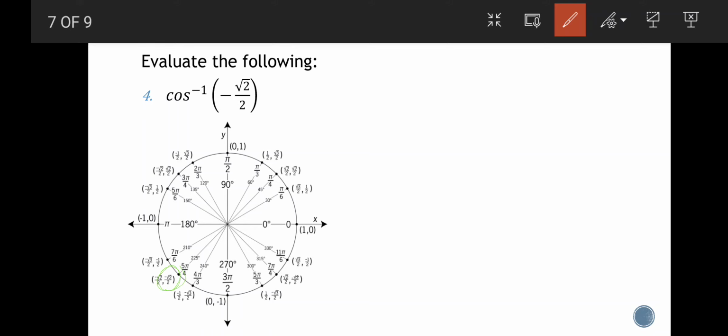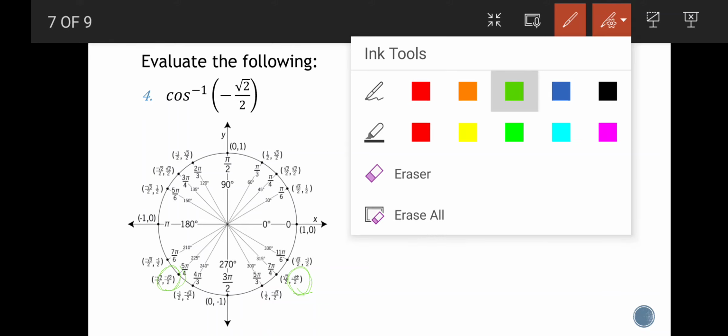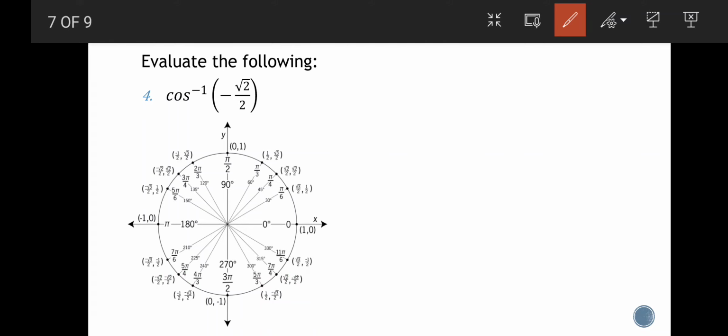Rather, we have it on the wrong side. We have the x, and that's 135 degrees rather. Okay, so we have it.